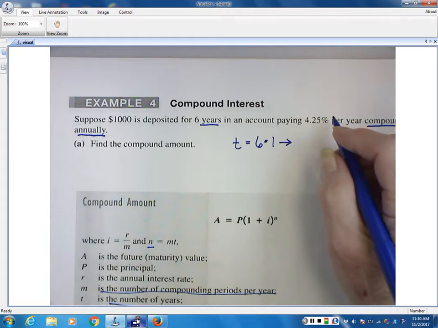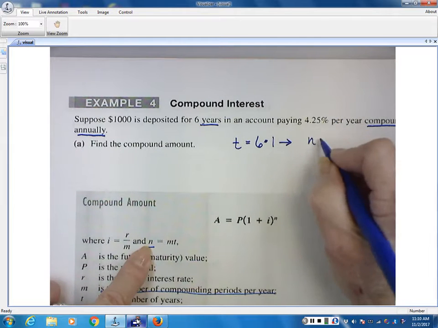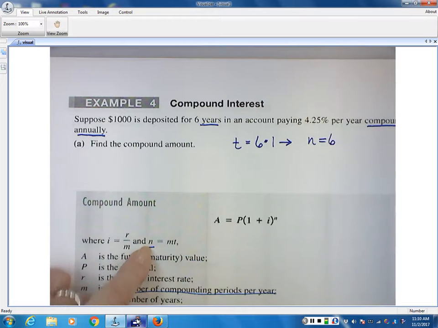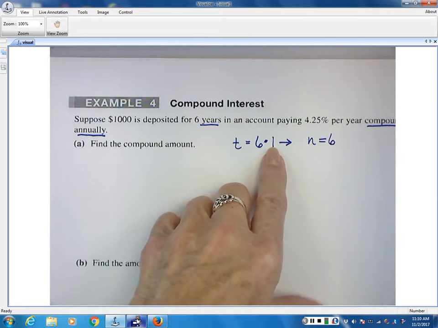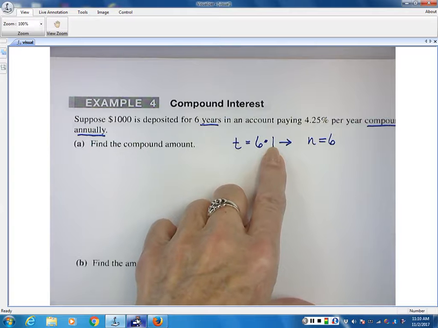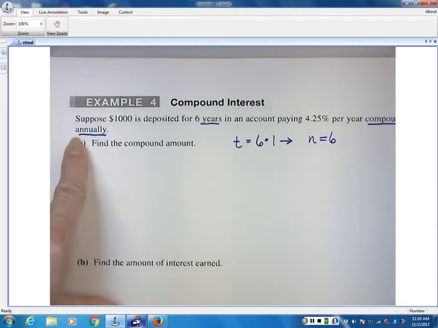So the value of N is actually 6. If you were doing that like quarterly, you would just put 6 times 4. Or if you're doing it monthly, 6 times 12. But this time, the first one, we're doing it annually. Okay?